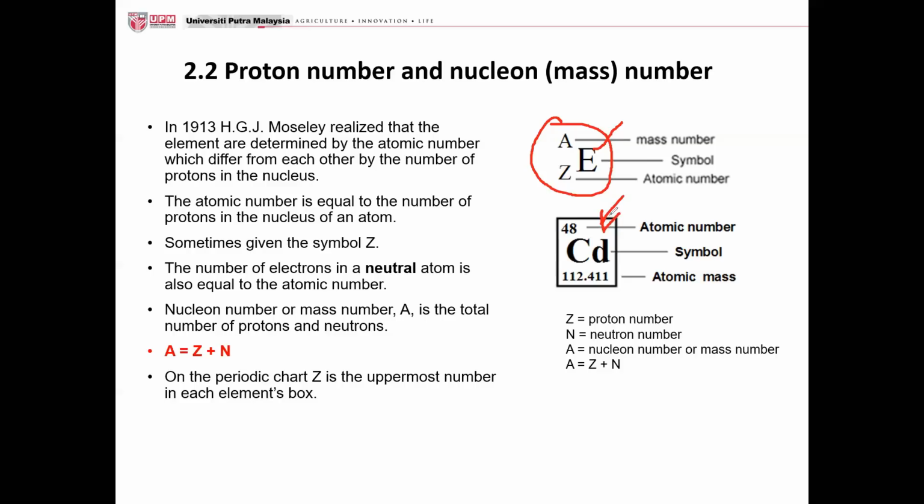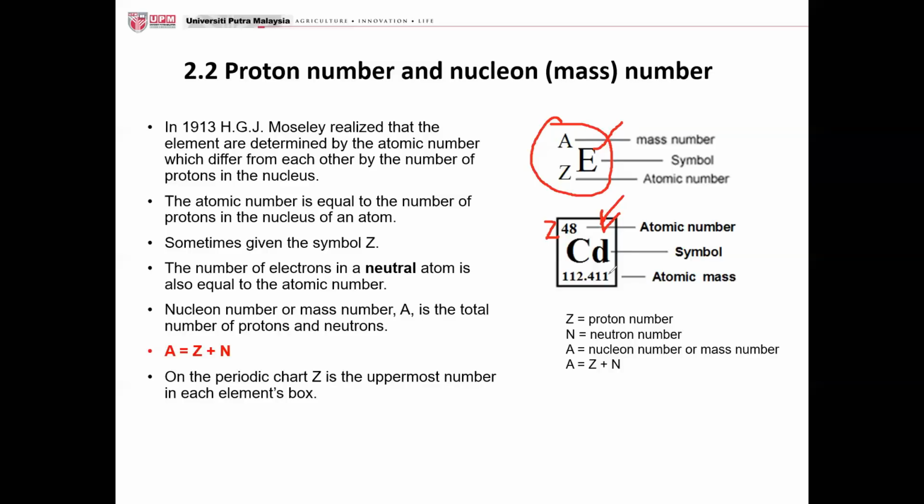The uppermost number here is the atomic number or Z, which is the proton number, and at the bottom here is the atomic mass. Let's differentiate between atomic number and atomic mass. Atomic number is the proton number in the nucleus of an atom, whereas atomic mass is the average of all the different isotopes of that element.